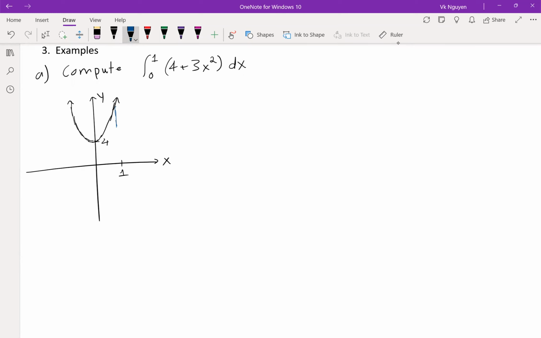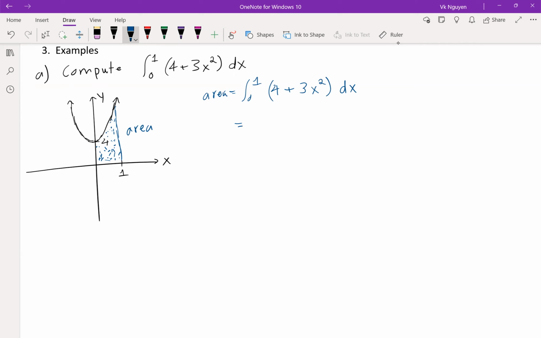So this one is the area right here. Okay. Area equals the integral from 0 to 1 of 4 plus 3x squared dx.